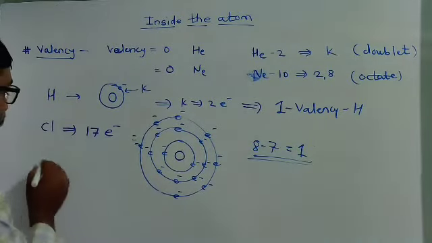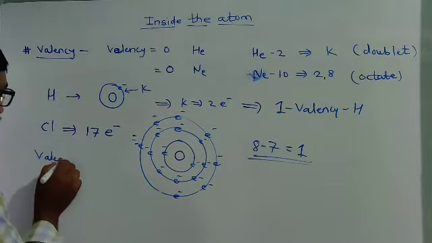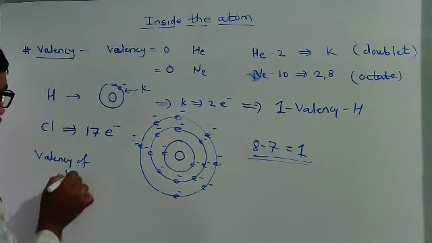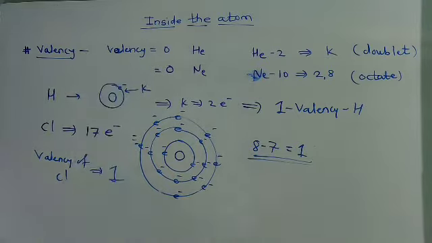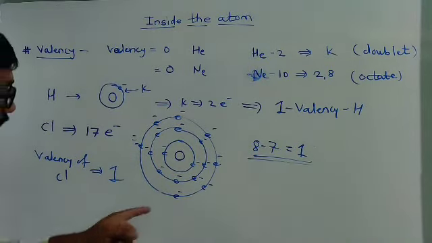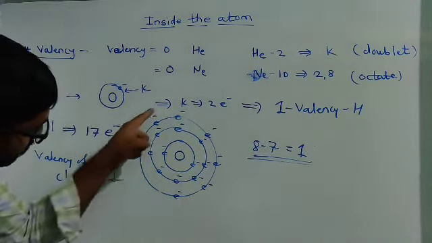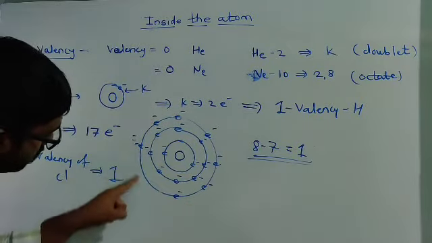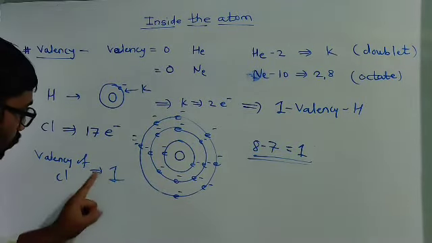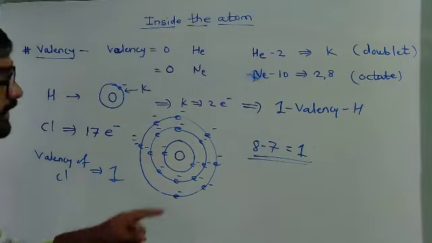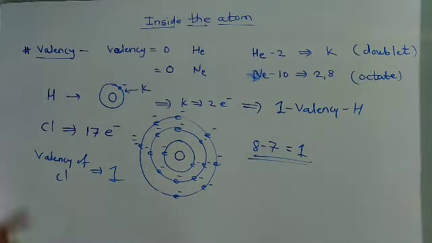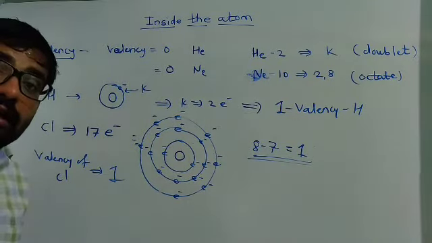So the valency of chlorine is 1. Why 1? Because to complete its outermost orbit, to complete its octet, we need 1 electron. So that is why its valency is 1. In such a way we have to find the valencies of different elements.